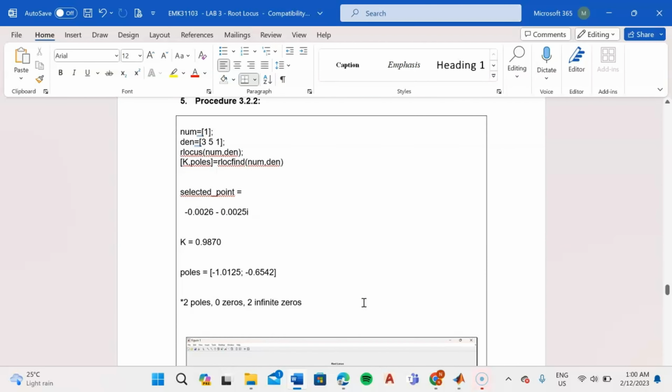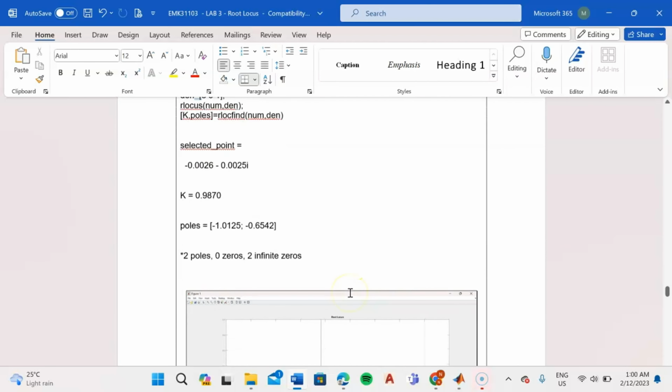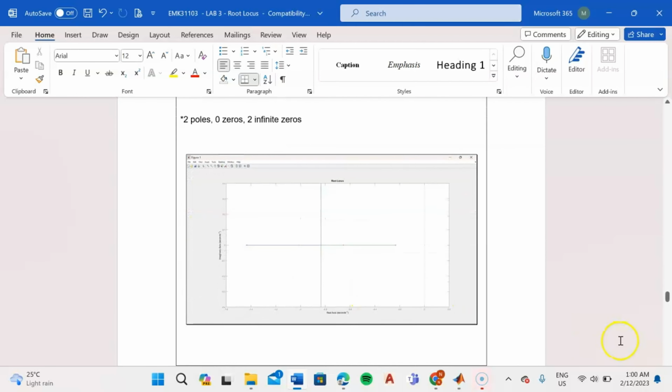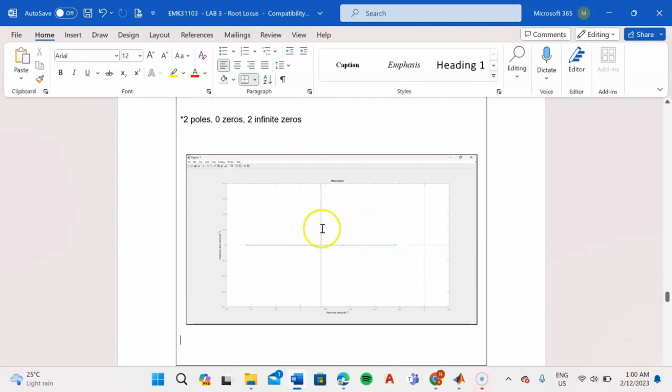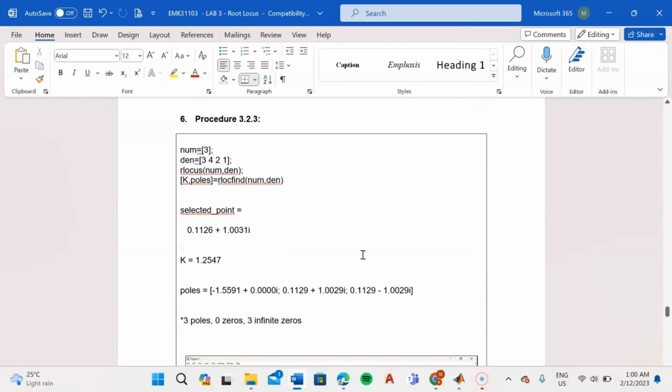Okay, for questions 3.2.2, I got 2 poles, none zeros, and 2 infinite zeros, which is same as previous questions.